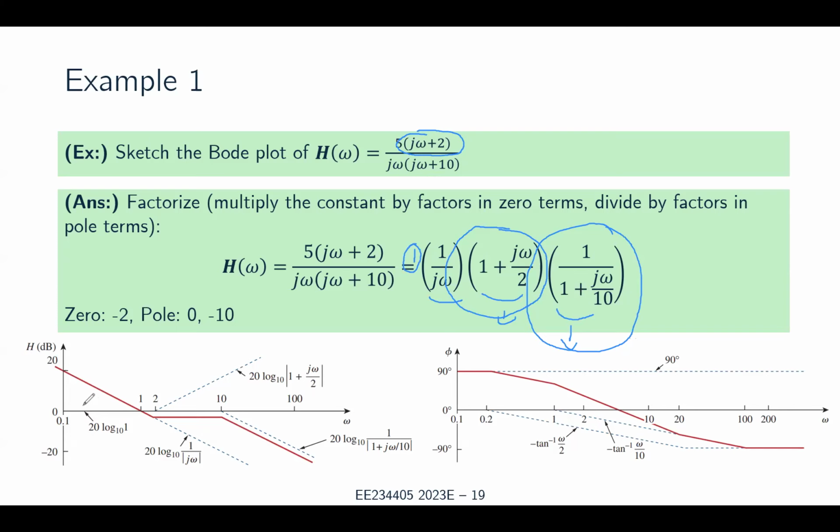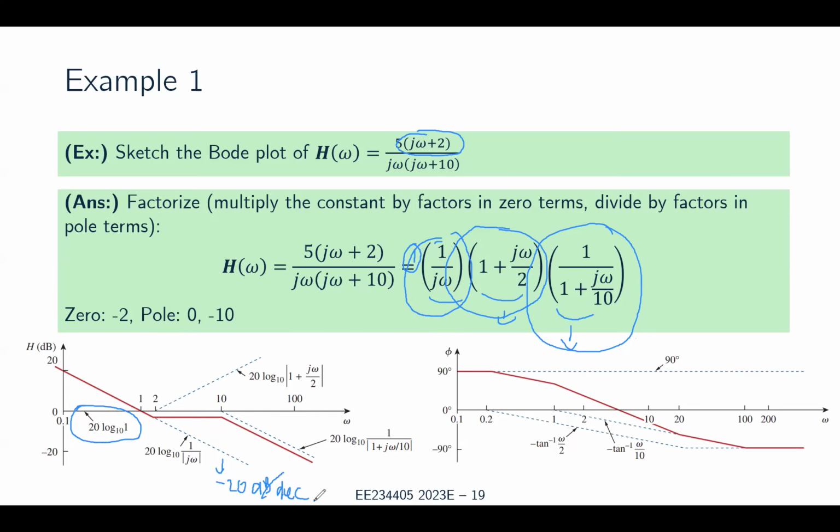There are several terms here. For example, this is 20 log base 10 of 1, which is 0, and it is just a straight line, really 0. 1 over j omega, which is the pole at the origin, is with slope minus 20 decibels per decade without any corner frequency.